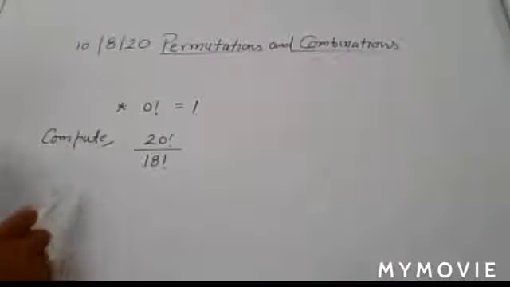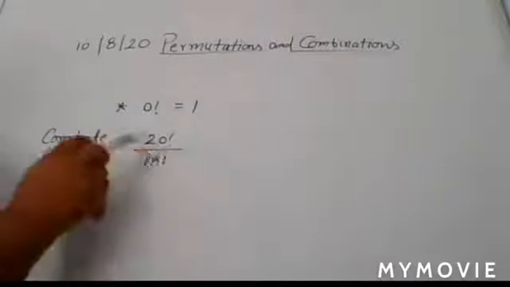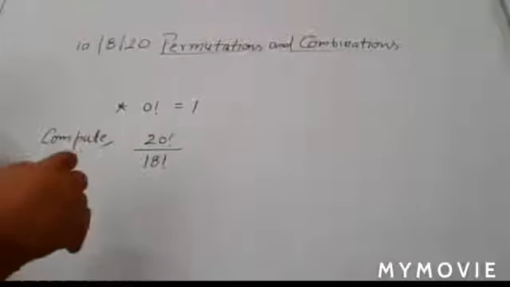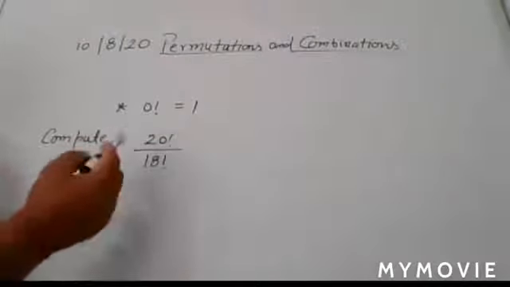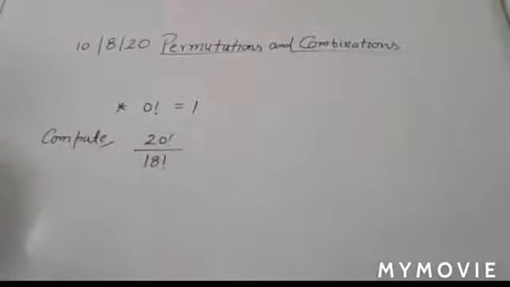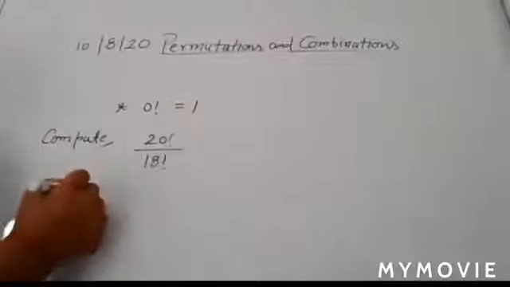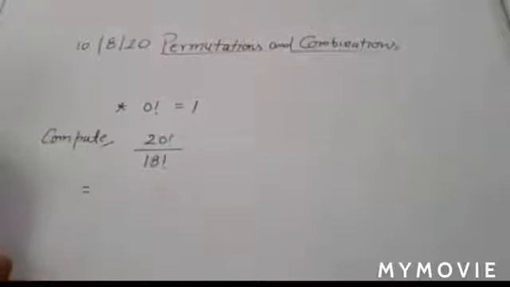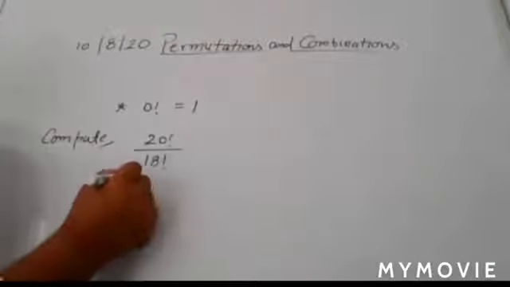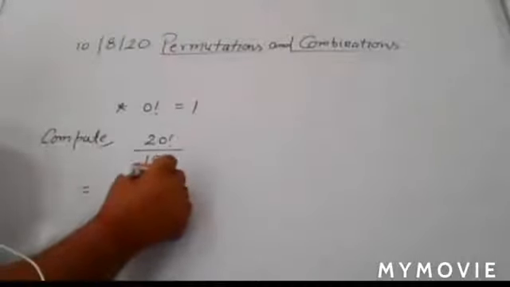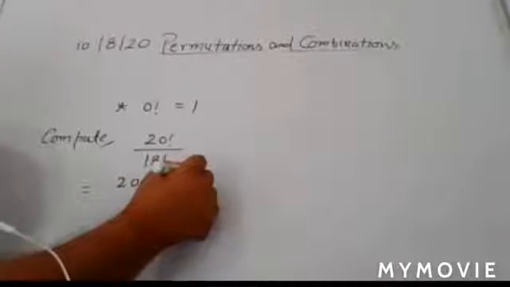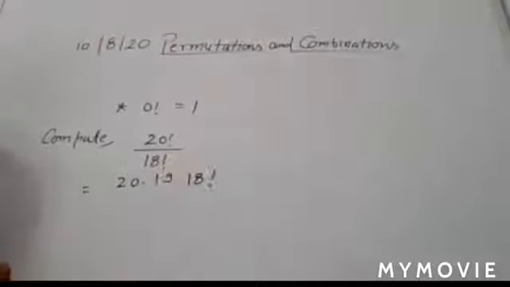The rule is that you expand the larger factorial. So here you have 20 factorial, so you start with the greater factorial. Here you write 20, then 1 less, 19, and here you write 18 factorial.